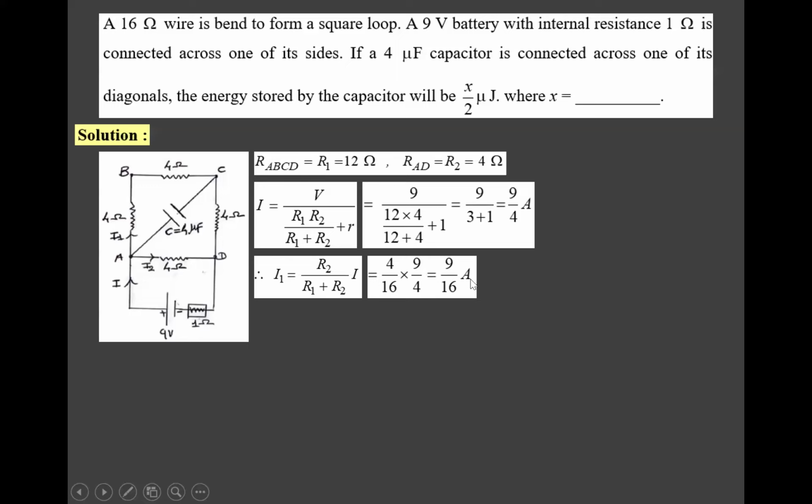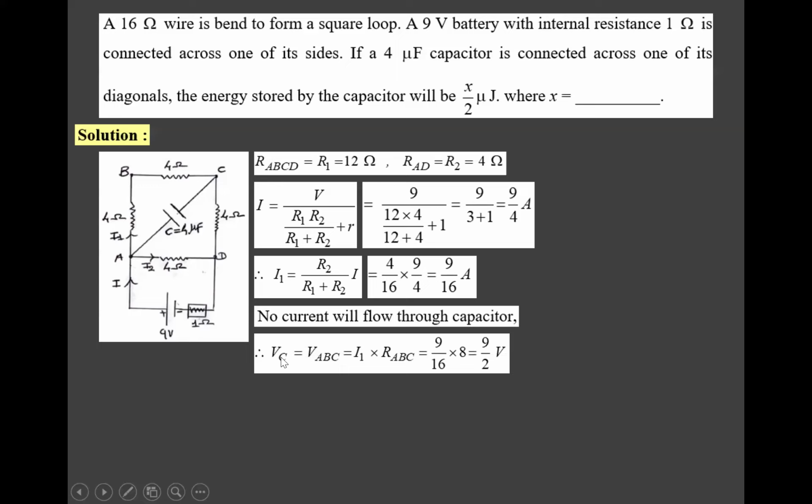that is 9 by 16 ampere. Now see here, A to B and B to C, total resistance is 8 ohm, through which current I1 is flowing. And now this capacitor is parallel to this 8 ohm resistance. Therefore, here voltage across capacitor, that is equal to voltage across ABC.